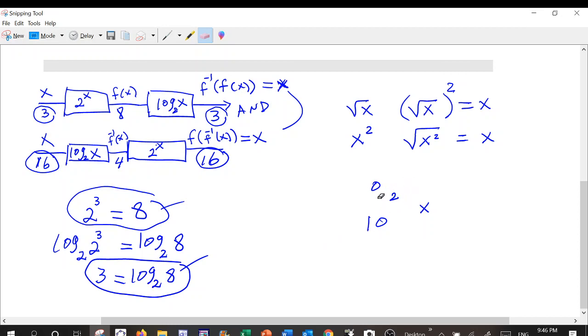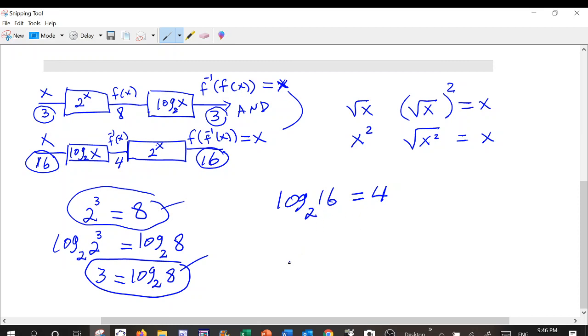Okay, so let's do that. So what if you have something like log base 2 of 16 equals 4, right? So I can convert that to exponential. How? Well, I have to exponentiate both sides with base 2.